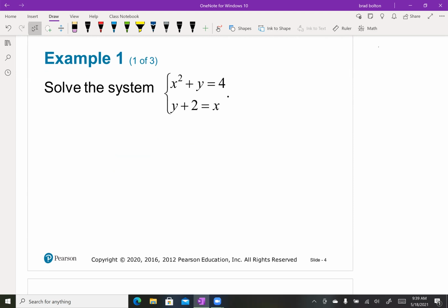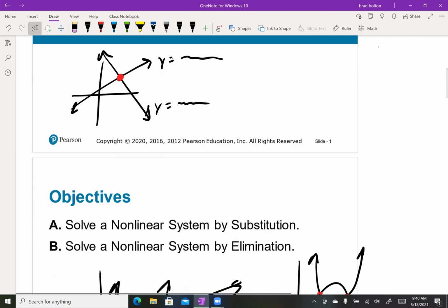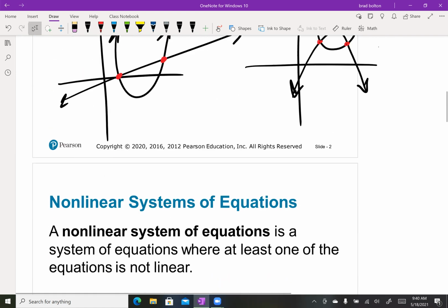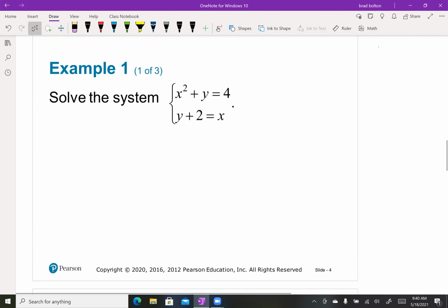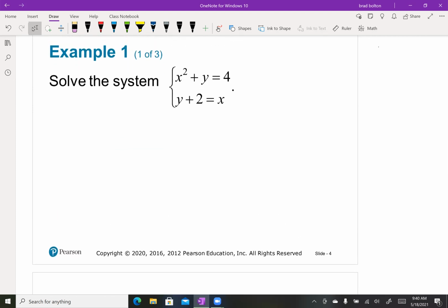So if I'm asked to solve this system, the first method I'd like to use is, we're going to use substitution on this first one, but we could also use elimination, but sometimes just depending on the problem, something looks a little bit nicer than others.